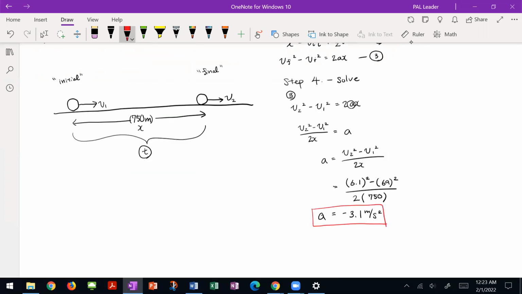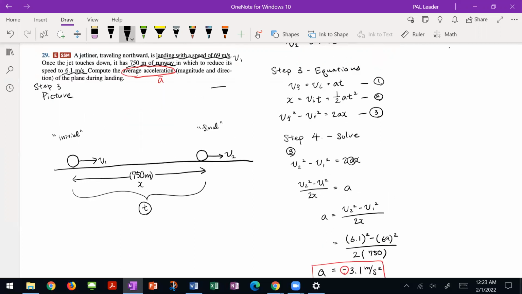And I want to point out the negative. Why is it negative? Well, I didn't do a very good job indicating that going right is our positive. But since this velocity is going right and it's positive, that automatically set our right as positive.